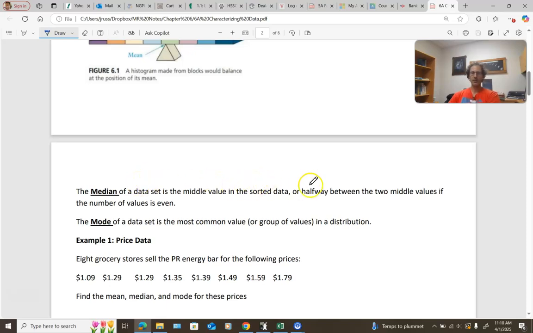So you put the data in order and you see if there's a middle value. If there's an odd number of data values, there will be one number in the middle. But if there's an even number of data values, there are two middle values, and you take the average of those two middle values to find the median. The median takes less into account the actual values of the data.